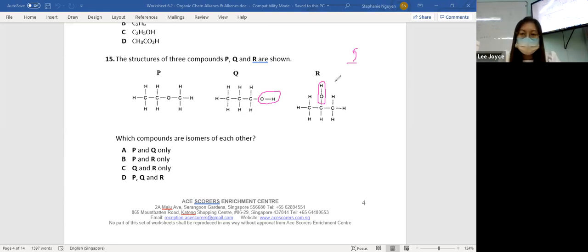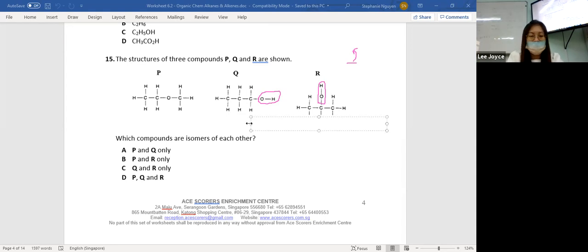These two are two different structures because the position of the functional group is different. This OH is attached to the first carbon, but this functional group is attached to the second carbon. This is something like the alkane. Remember just now we said that the alkane can also have isomers when we change the position of the functional group. So these two are alcohols.